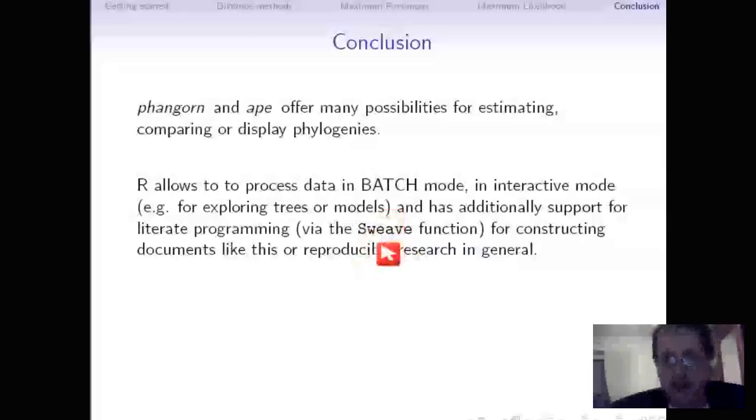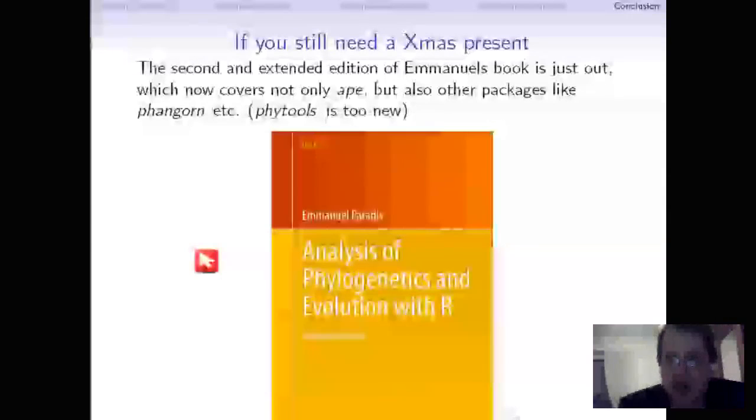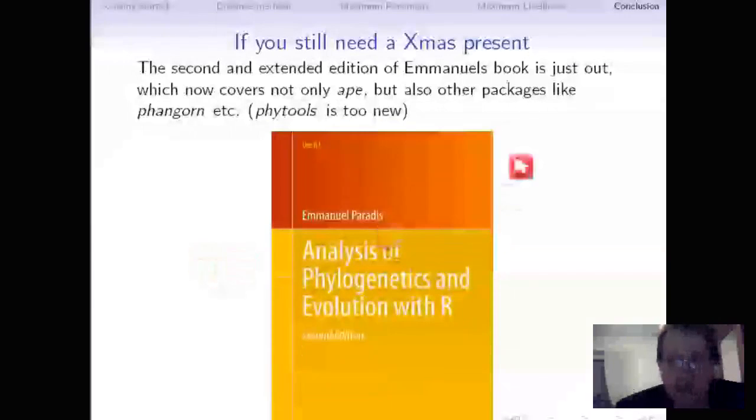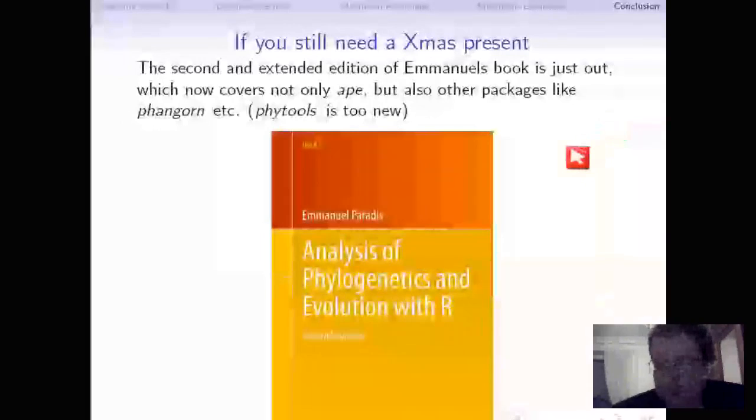Yeah, and then of course, if you're searching for some Christmas presents, just advertise Emmanuel's new book, because it's just out, and it covers a lot of what's in different packages. Emmanuel Paradis wrote the ape package, which is the underlying package under most of the other phylogenetic packages, but in the new second edition of his book, he also covers a little bit of phangorn and many other packages.